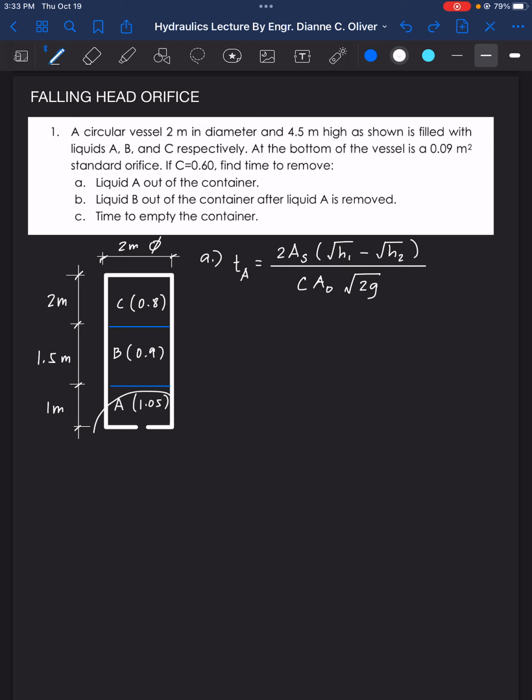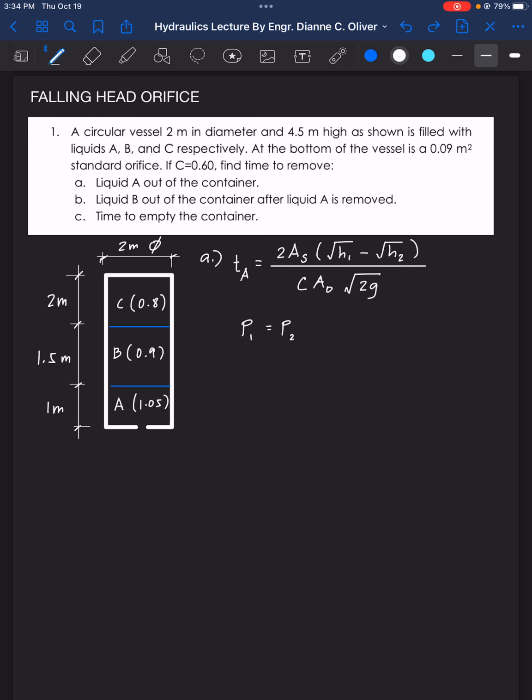The original pressure at the bottom is equal to the pressure wherein we have a singular liquid. Let's say P1 is the new pressure wherein we have one liquid only, and P2 is the original pressure.